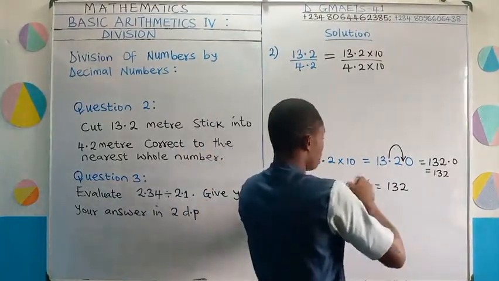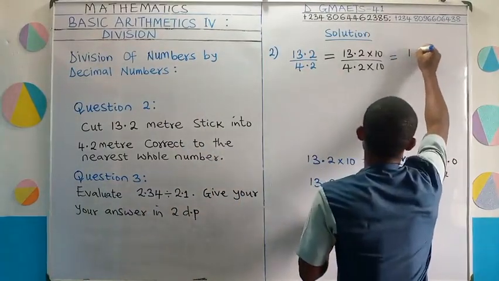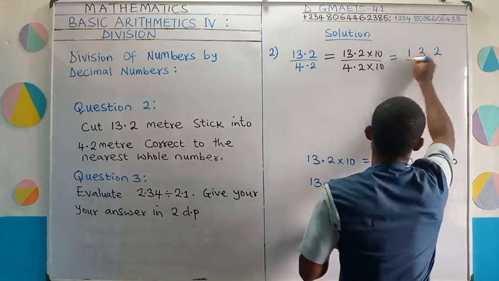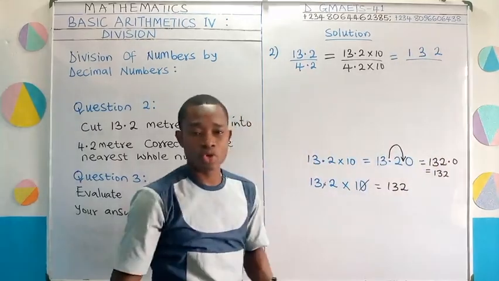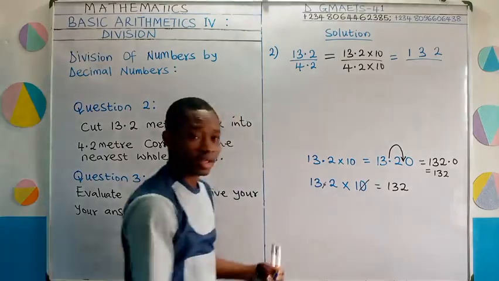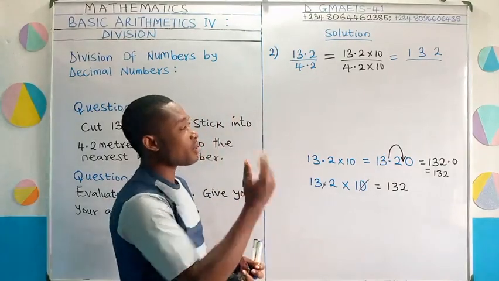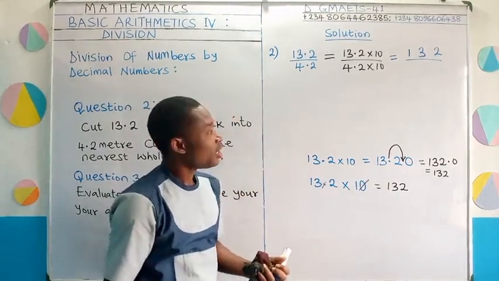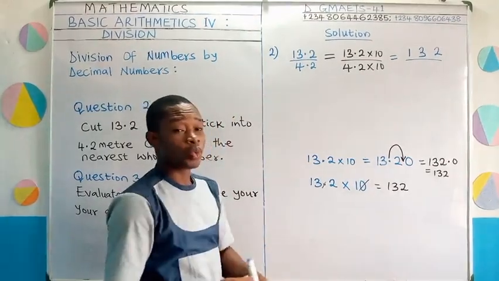Let's move on, please. The numerator is 132. And then I am dividing this by 4.2 times 10. From working out 4.2 times 10, the same method. 4.2 times 10 is simply 42. And how do we get 42? Let me still quickly show you.